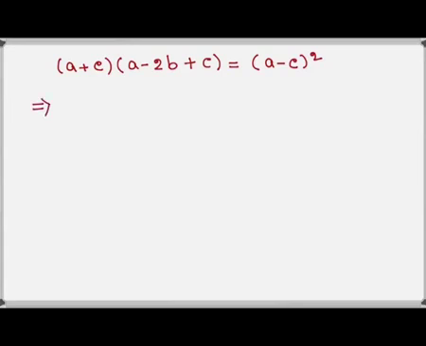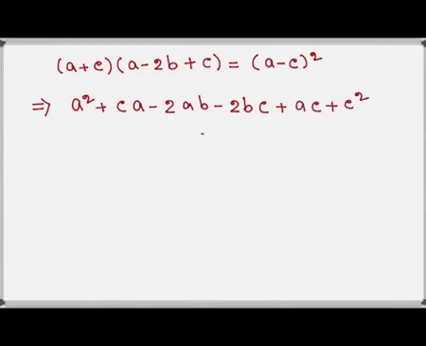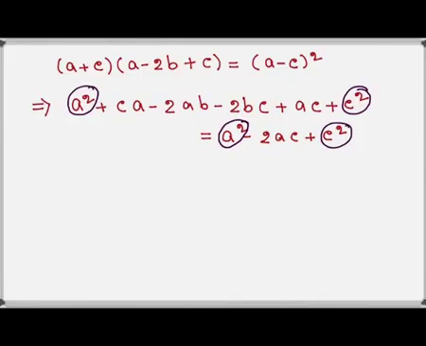From here we get a square plus ca minus 2ab minus 2bc plus ac plus c square is equal to a square minus 2ac plus c square. So a square and a square here get cancelled, c square and c square here get cancelled.